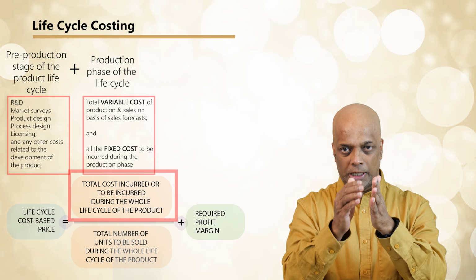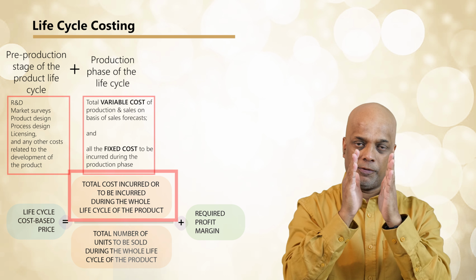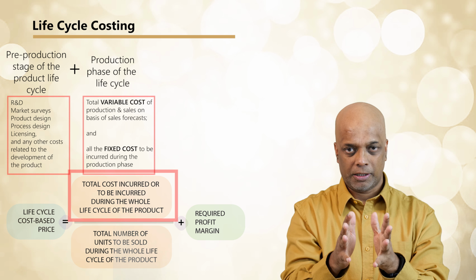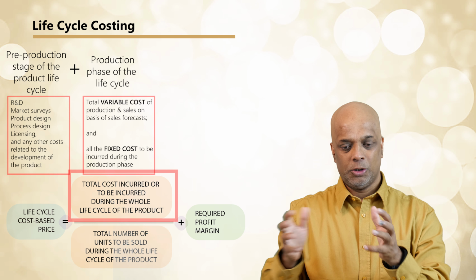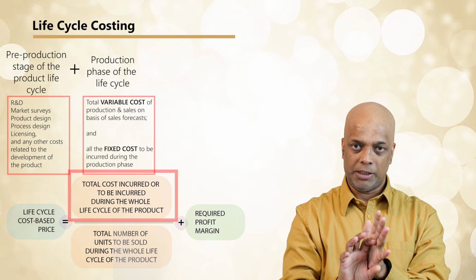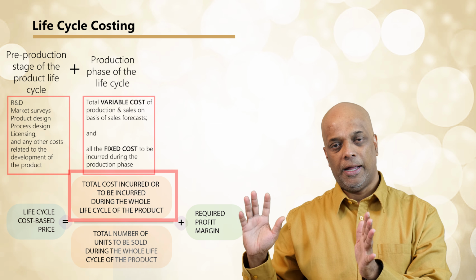And then you can also calculate your total fixed cost during the first year to produce, distribute and market this particular product, as in the case of normal operations. So you have the variable cost, the fixed cost, and the total cost for the first year. Similarly for the second year, the third year, fourth year and fifth year.